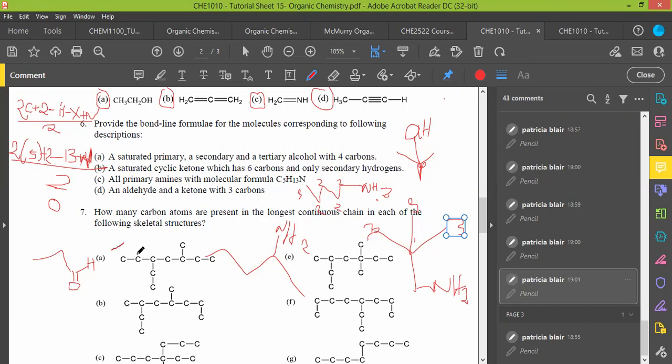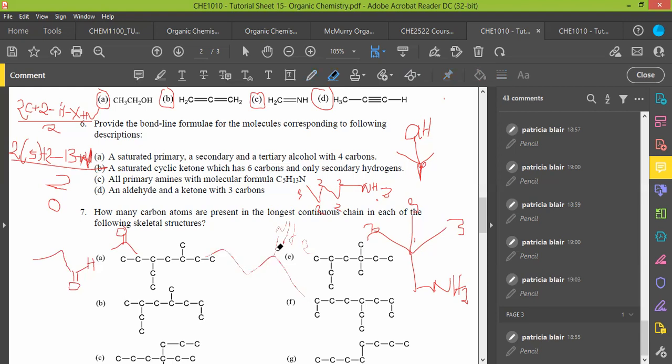For a ketone, it will be like that, and then you group there like that. So this is an aldehyde, and that is a ketone with 3 carbon atoms. Okay, so that is how those particular questions were supposed to be answered.